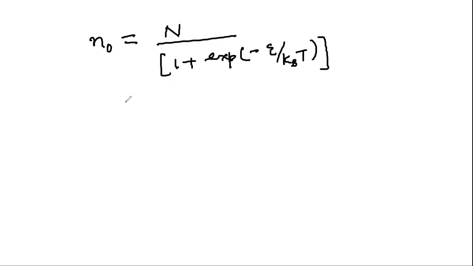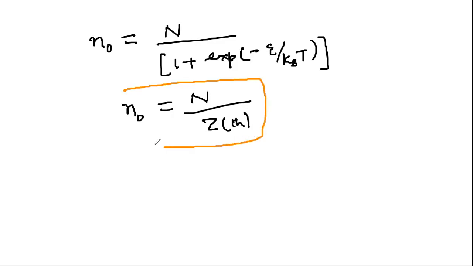Or I can write N naught is equal to N over Z of TH, the thermal term in the partition function, N by 1 plus exponential minus epsilon by kT, that is Z thermal. So let me name it equation 2a.